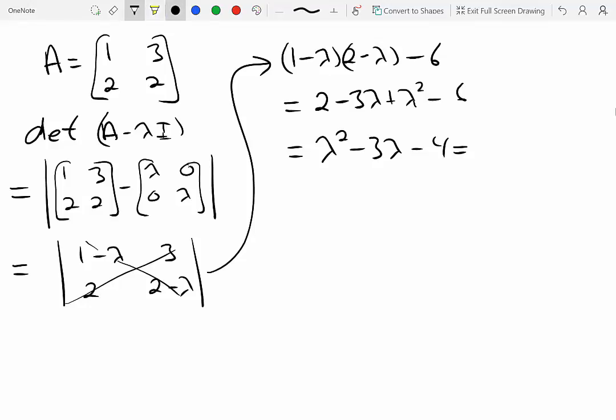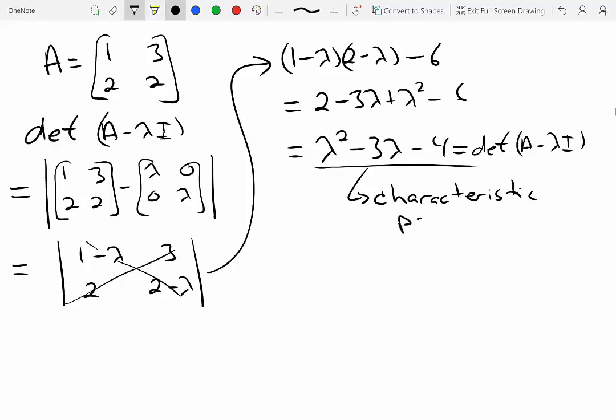So this is the determinant of A minus lambda I. We will also call this the characteristic polynomial. That is just a definition, and it is something that we will use frequently throughout this chapter.